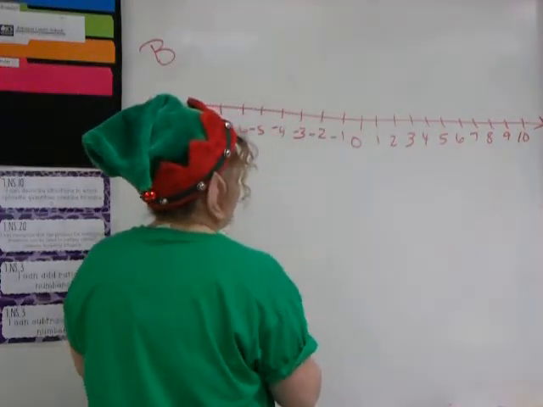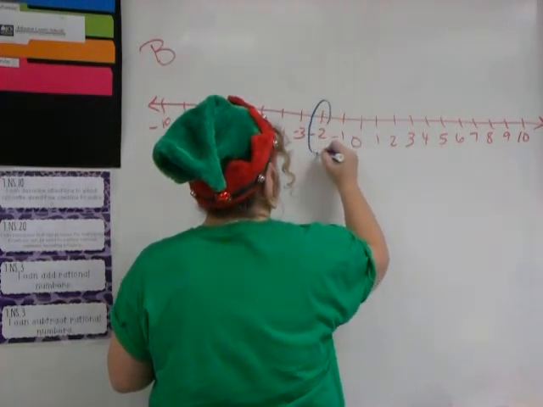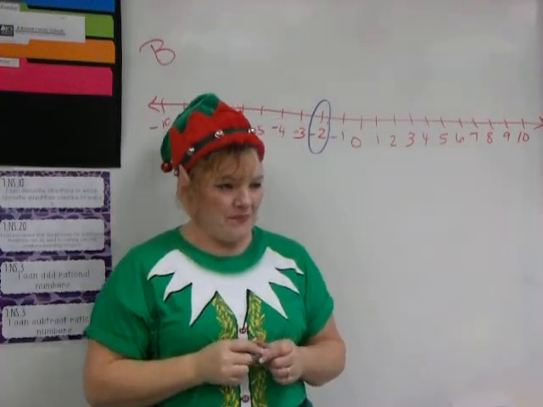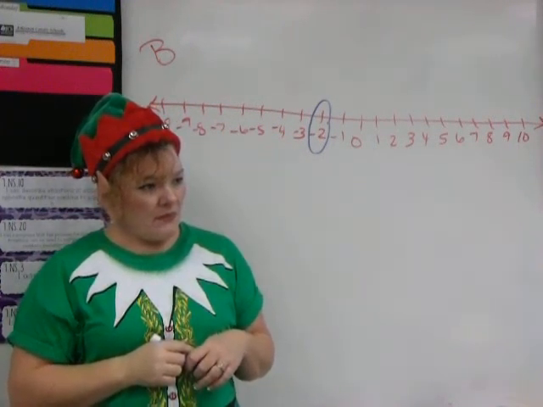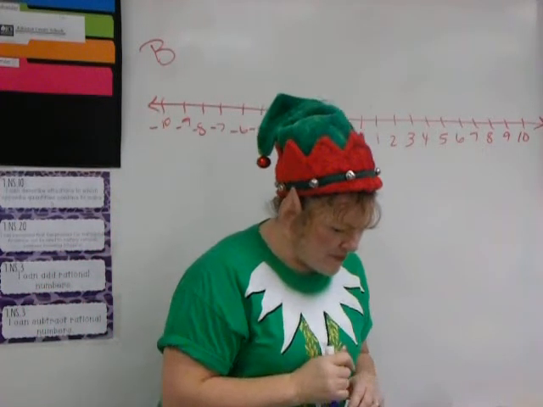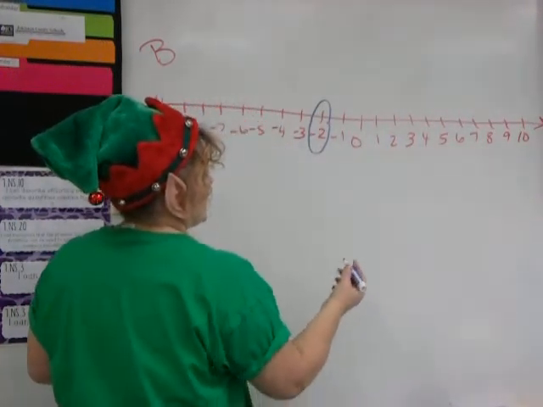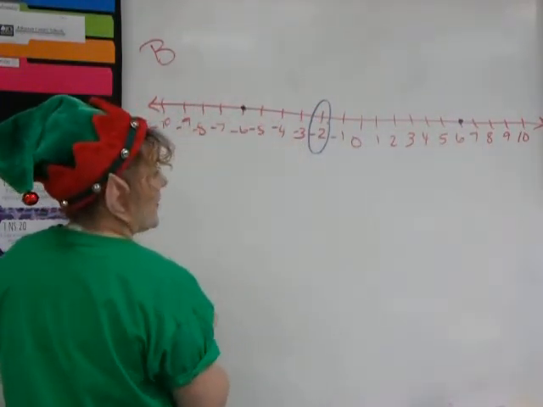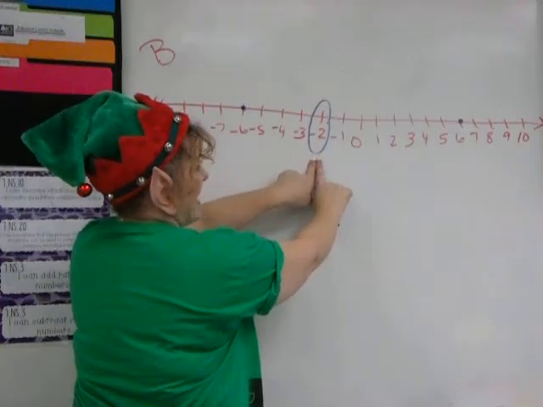So if I have to compare numbers to negative 2, I want to make sure I know where negative 2 is at. The first two that it wants us to look at is positive 6 and negative 6. Positive 6 is here, negative 6 is here. Which one is further from negative 2?